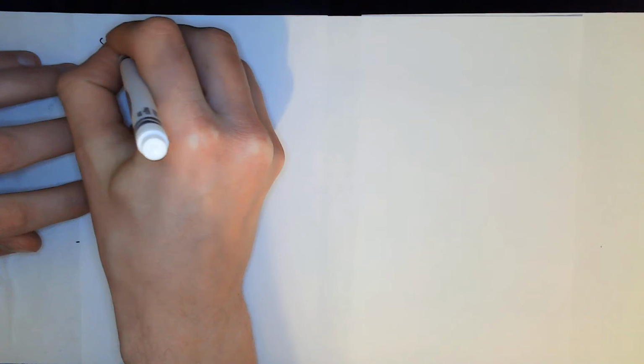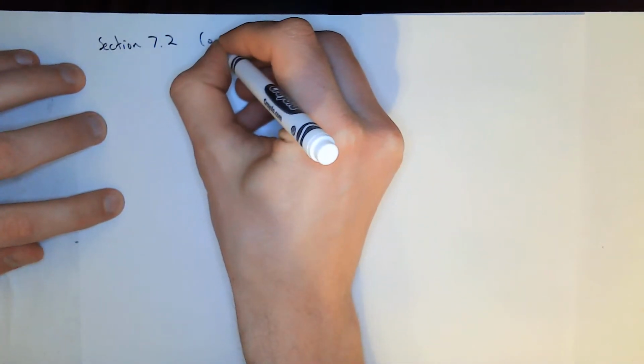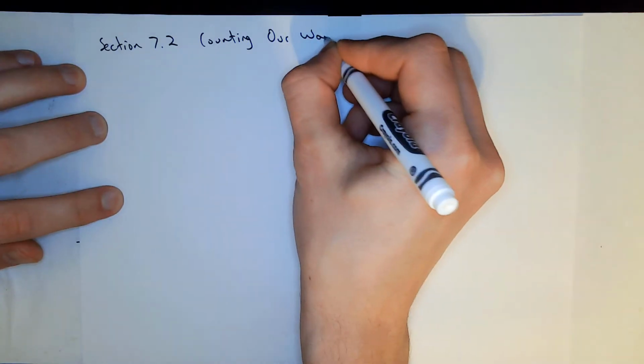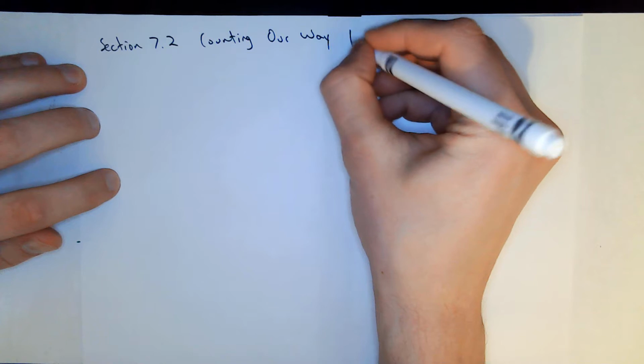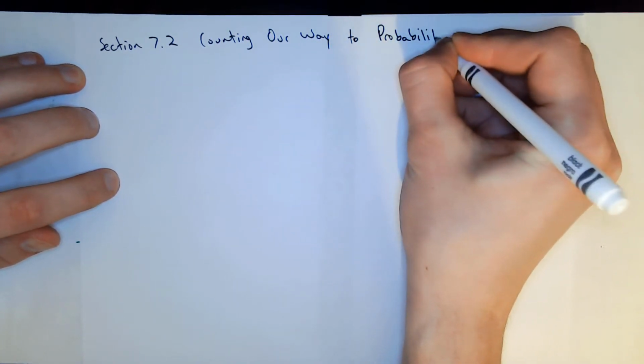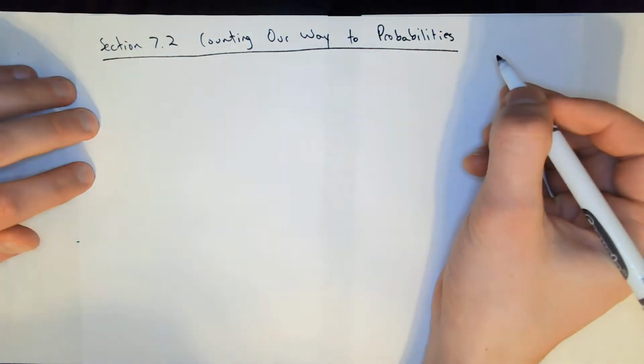Okay, so I'd like to begin section 7.2, which is entitled Counting Our Way to Probabilities. What does that mean?